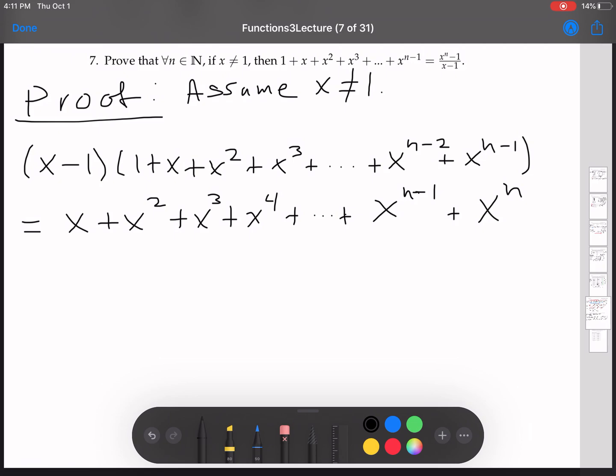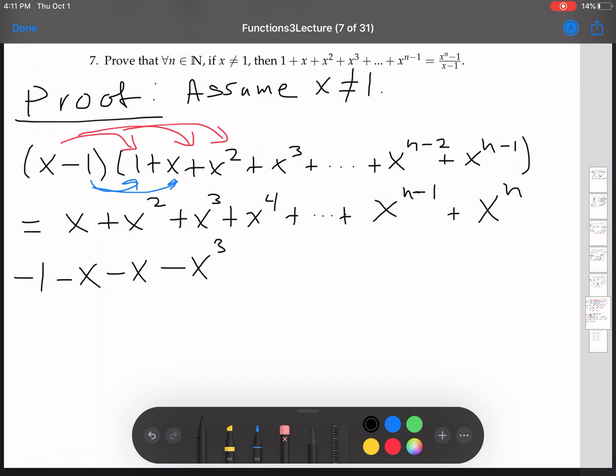That's only half of the distributive property, the part where we did x times each of these. Now we'll do negative 1 times each of these throughout. So we've got minus 1 minus x minus x squared minus x cubed.